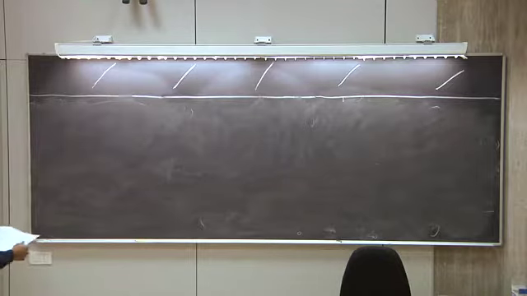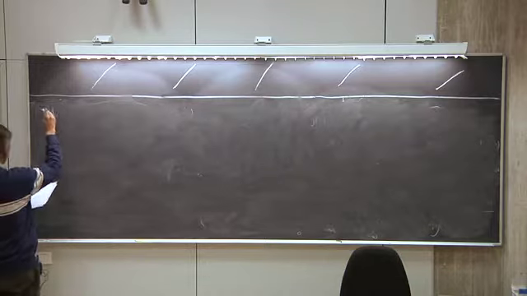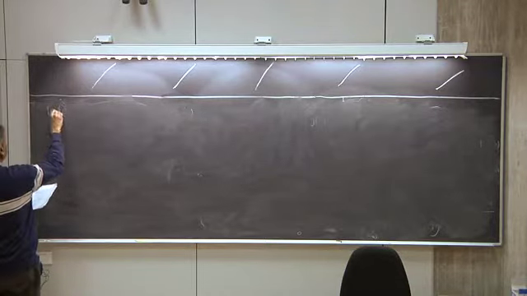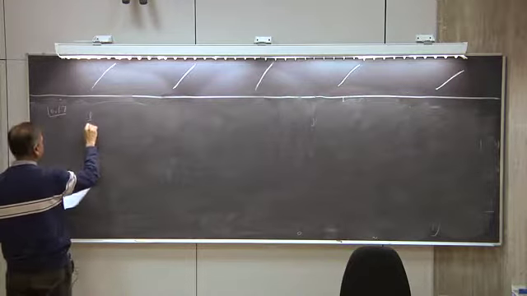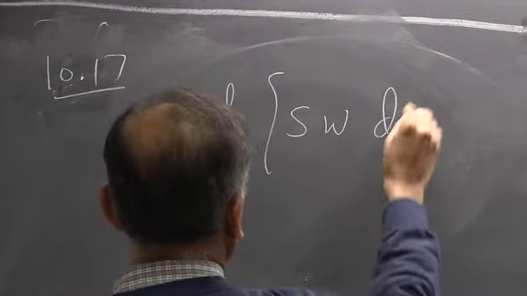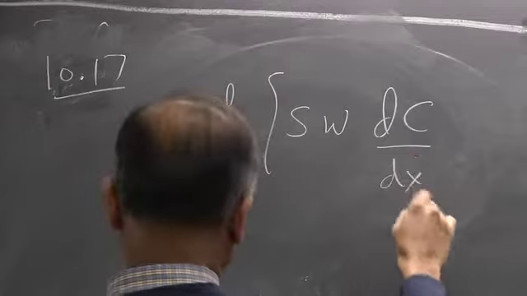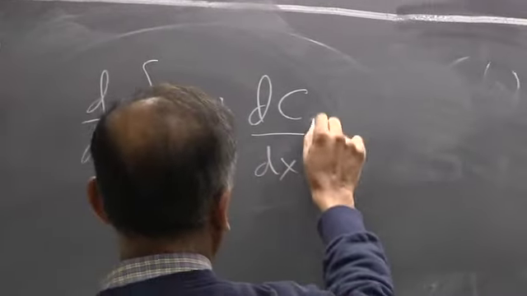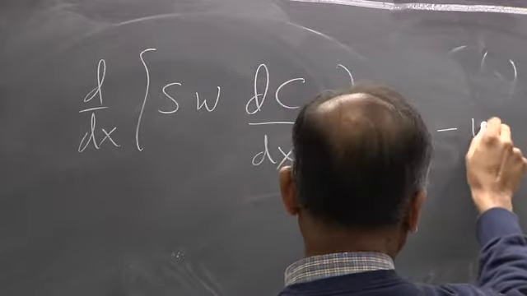So the differential equation was d by dx. I'm going back to equation 10.17, and it was d by dx of s w dCn over dx. This was equal to minus w.